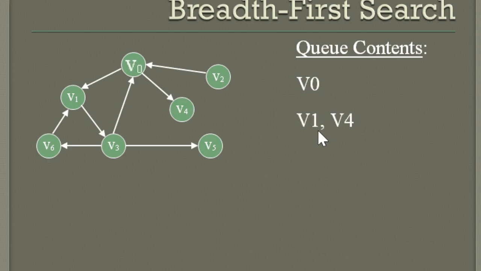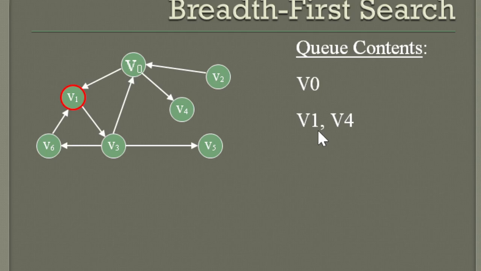So first level nodes are inserted, then go to the second level. All the second level nodes are visited, then go to the third level.